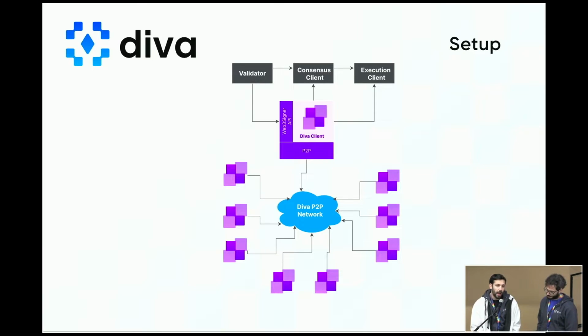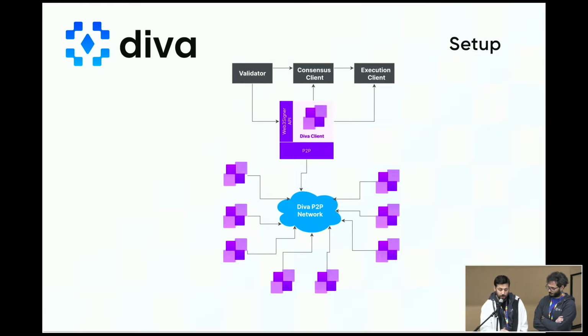In the product, for convenience, and we will do the very same thing for the testnet so that everyone is able to do it, we are using a Docker Compose with the images. Here in the image, you can see the different parts. First, the validation that usually comes with the consensus client, and then the execution client.